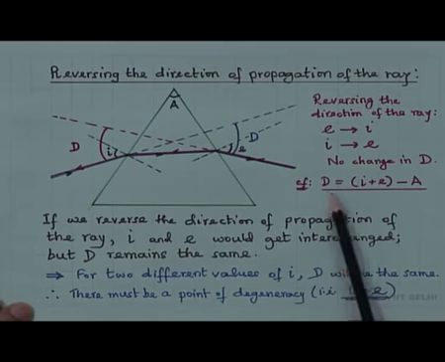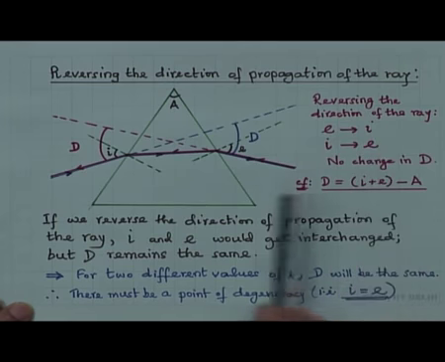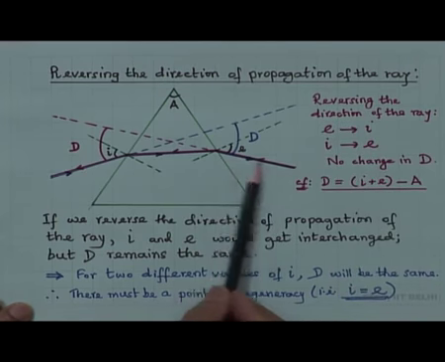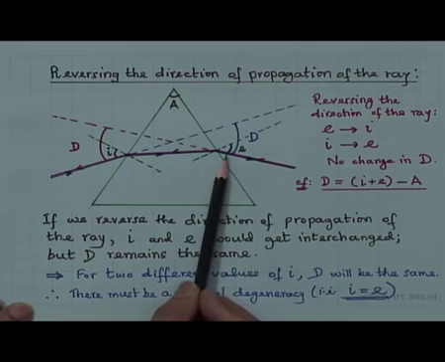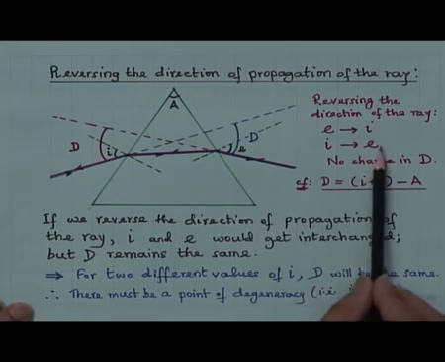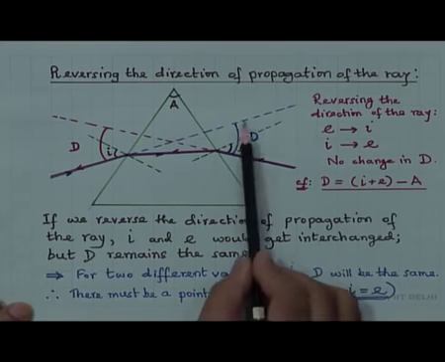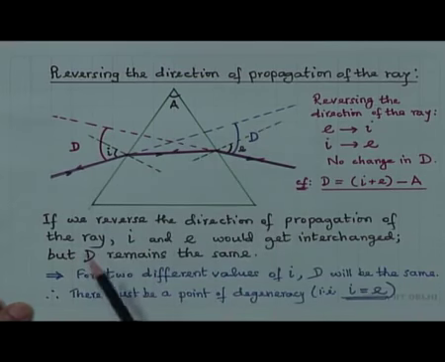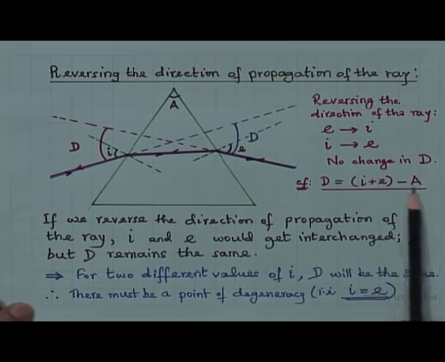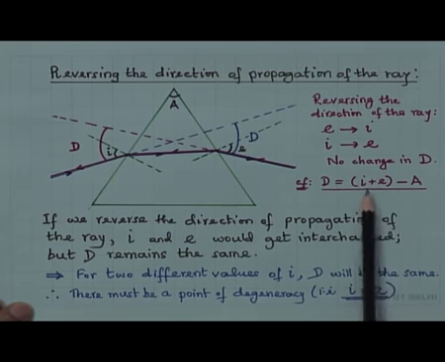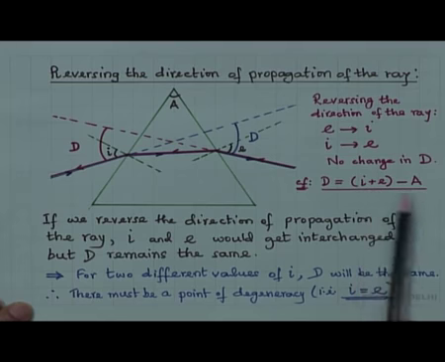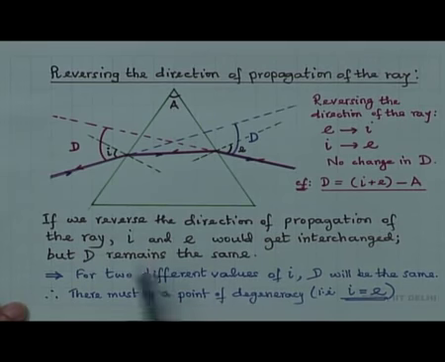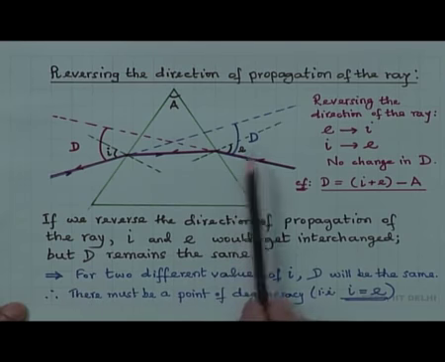When the ray reverses direction, E goes over to I, and I goes over to E. But there is no change in D. D is the same in both cases, as you can see, they are opposite angles here, and D is equal to I plus E minus A. If we put E plus I, it is one and the same, D remains the same. Therefore, if we reverse the direction of propagation of the ray, I and E would get interchanged, but D remains the same.